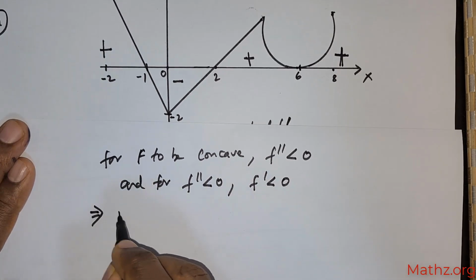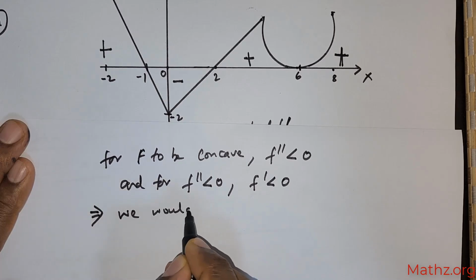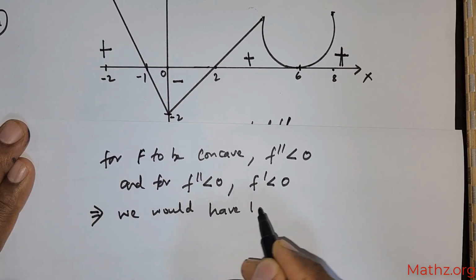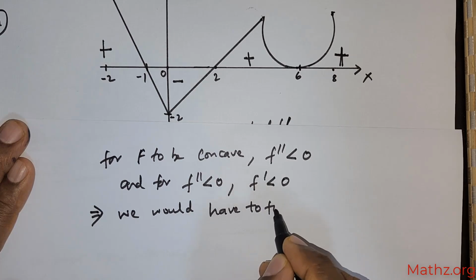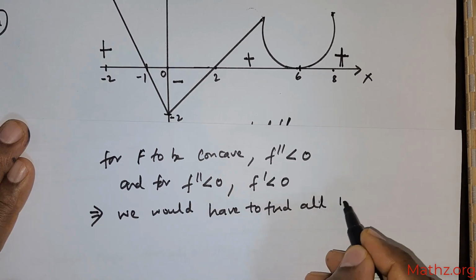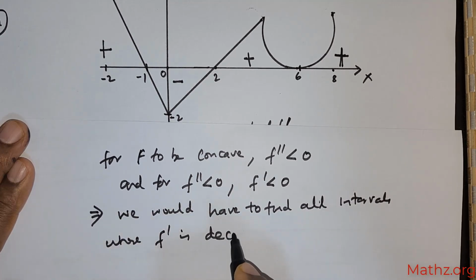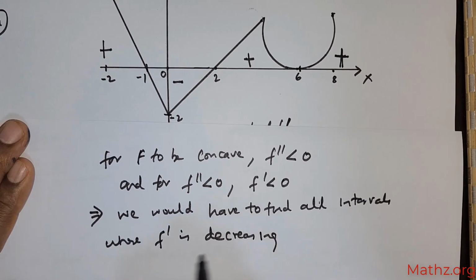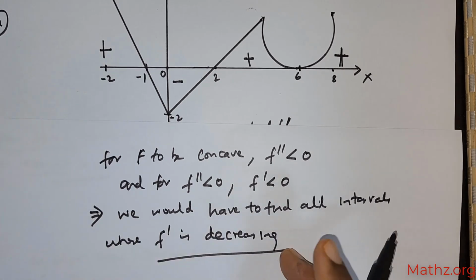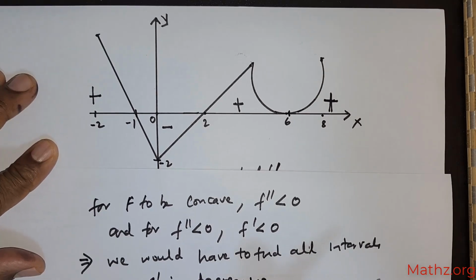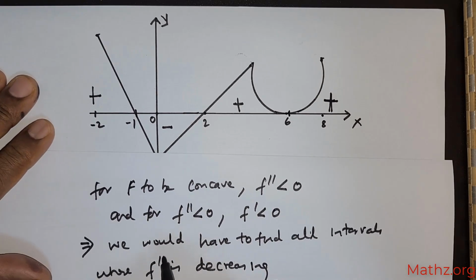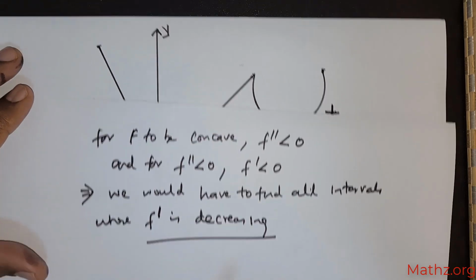So this would mean we would have to find all intervals where f dash is decreasing. So that is the idea. So go to the graph and find out where the function, or I would say f dash, is decreasing.